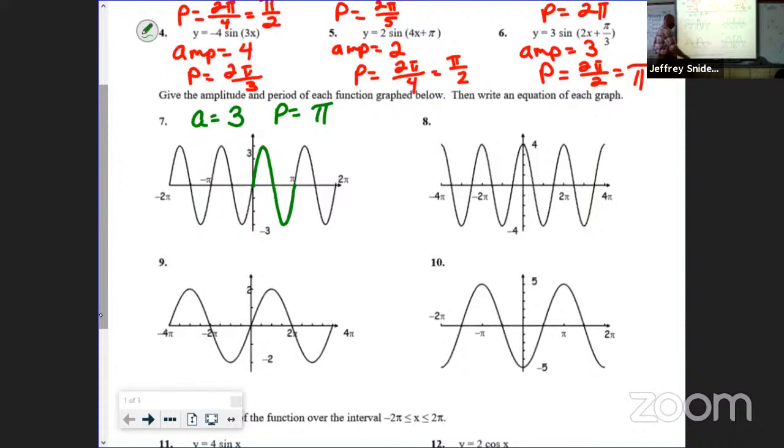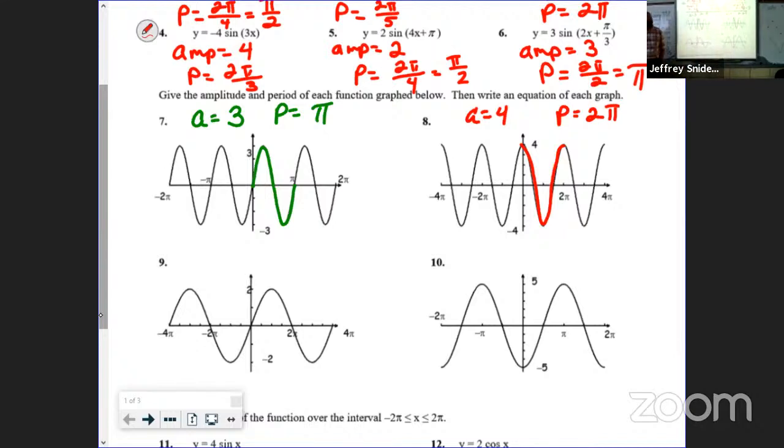Number 8. Okay, let's look at number 8 now. Amplitude this time is 4. So A is 4. Again, I'm going to trace a cycle. That's one cycle of which curve? Cosine. It starts at 0 and ends at 2 pi, so the period is 2 pi.